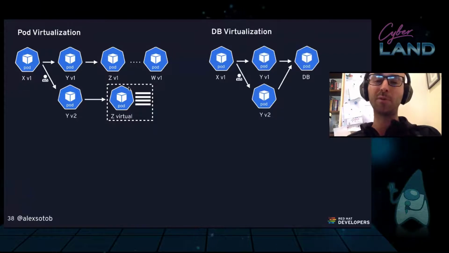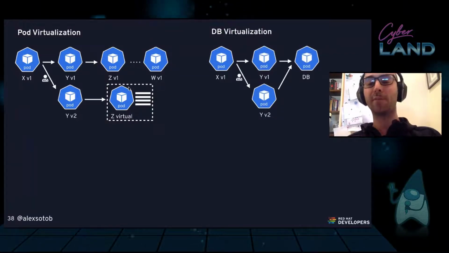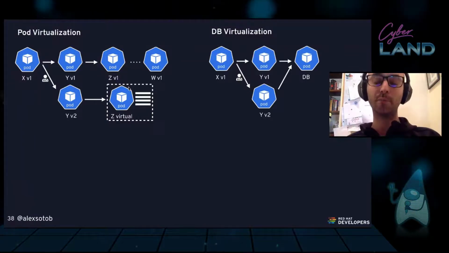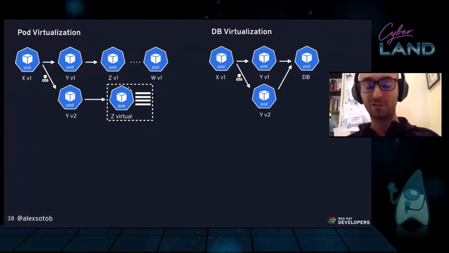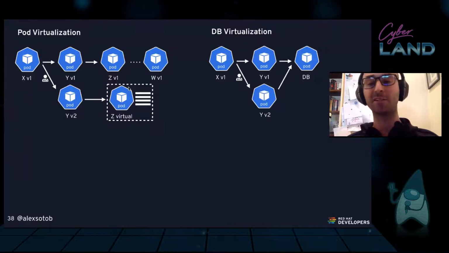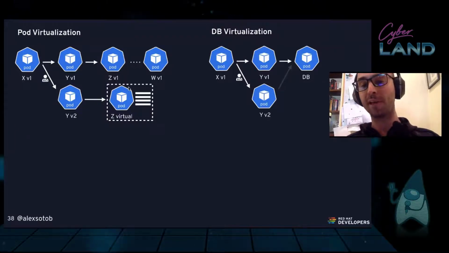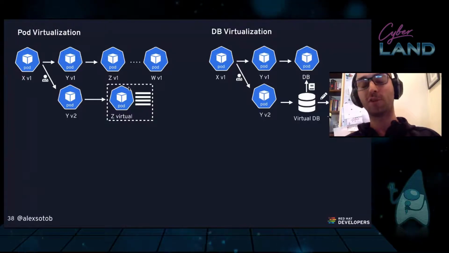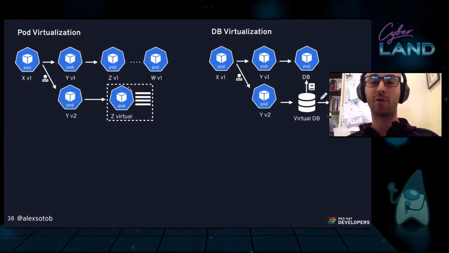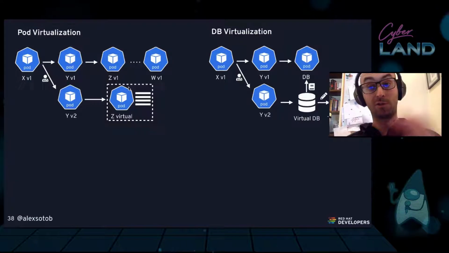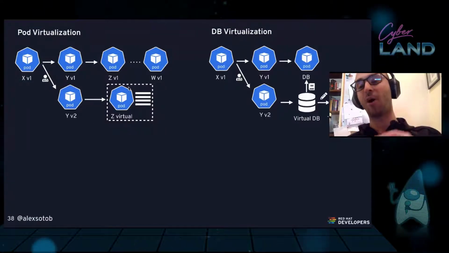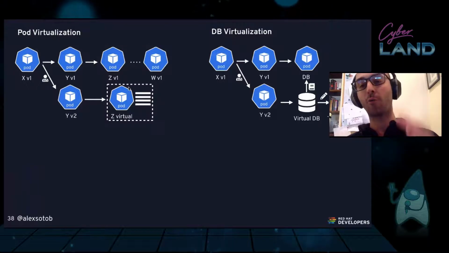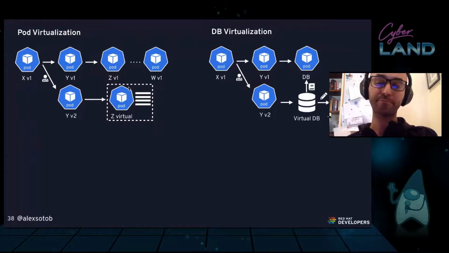You can go to DB virtualization. What's happening if I have B2 and B1 and I want to test B2, but I don't want to write this dummy data inside my production database? Then I can just reroute the traffic to a virtual DB, which, for example, Tate is an application from JBoss, which allows you to do that, and you can send all the reads to the real DB and all the writes to a throwaway DB.